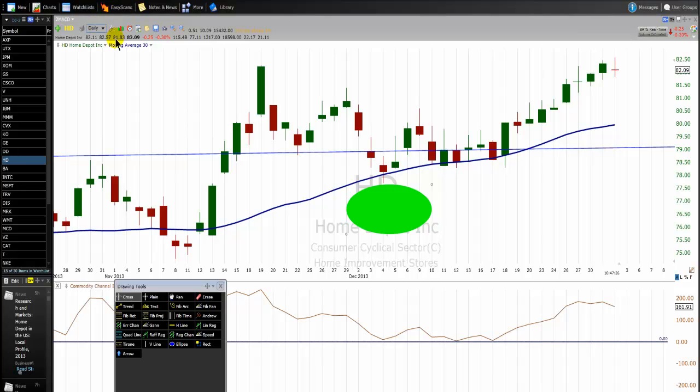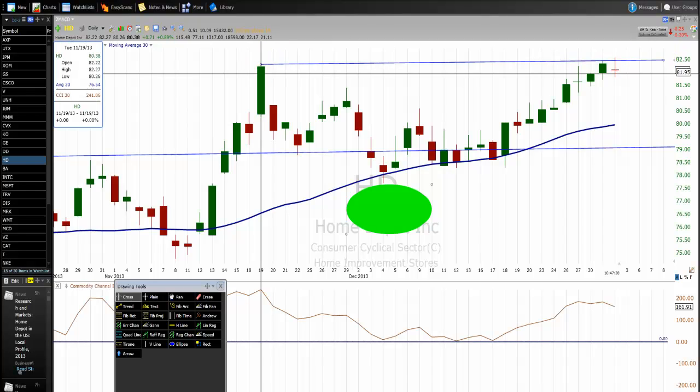So Home Depot on a daily chart, the latest highest high is this one here. See this level here? The level of 82.27.